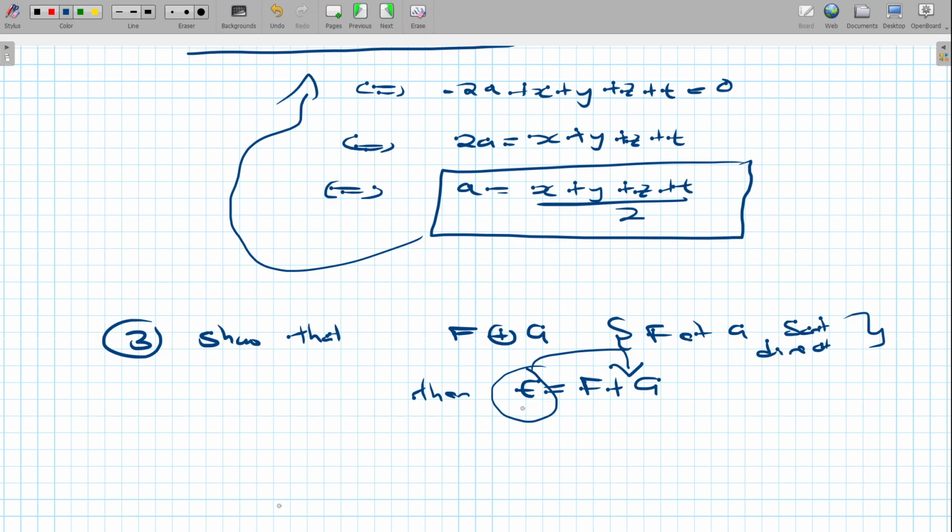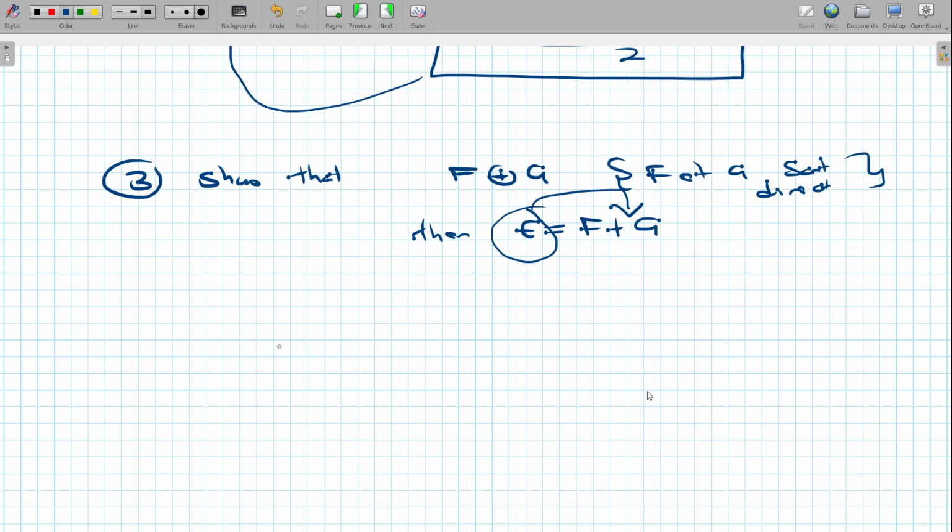Now let's use the previous result. Before we use it, let's look at the goal. The procedure to solve this question: the first step we've already done in exercise number 1.